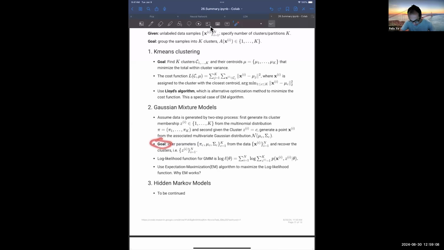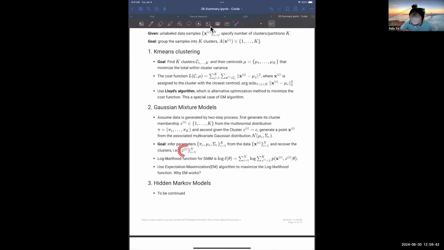The goal here is to infer these parameters from our training data. These parameters are the multinomial distribution pi 1 to pi K, mu1 to mu-K, and sigma 1 to sigma K. At the end, I want to recover the cluster membership for each data point, in this case Z1 to Zn.